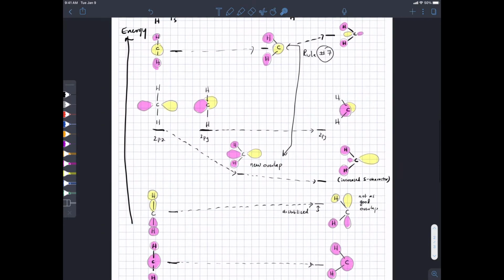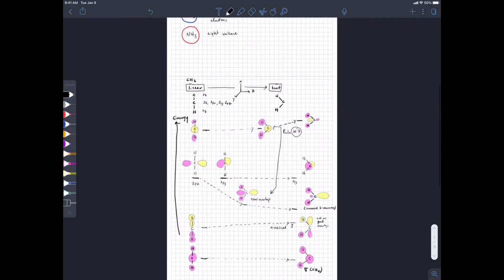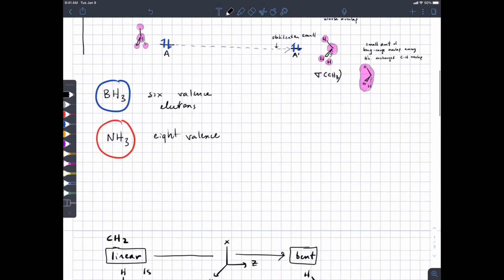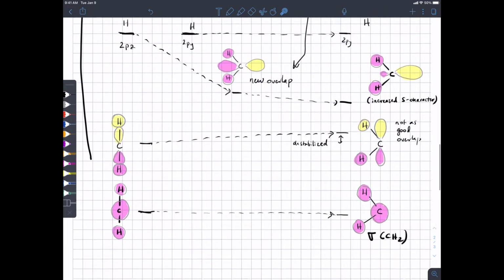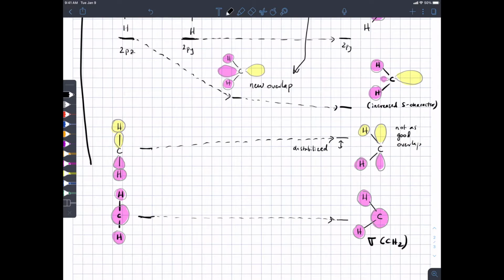So notice the players that we're getting out of this. We're getting out a sigma CH2 kind of orbital. And if I zoom out and just look at what we had before, in shape, it's almost the same as the lowest energy for pyramidal methyl. It's just flat instead of tetrahedral. This orbital we would call a pi CH2 orbital.